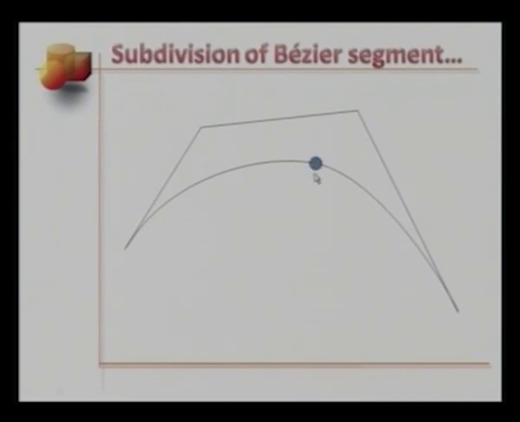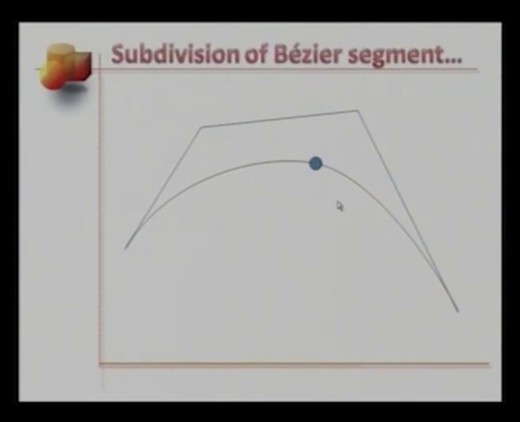I plot a point for u equals c right here. And I would like to subdivide this segment at this point so that the two parts are this one and this one respectively. And these parts will be independent of each other.